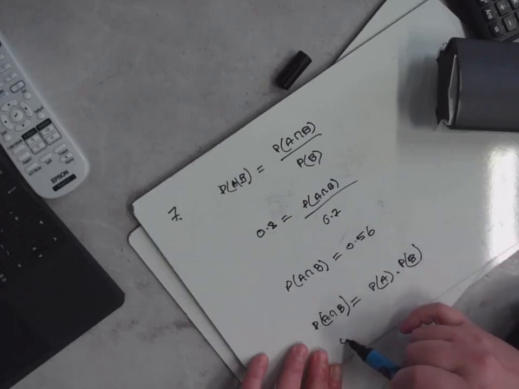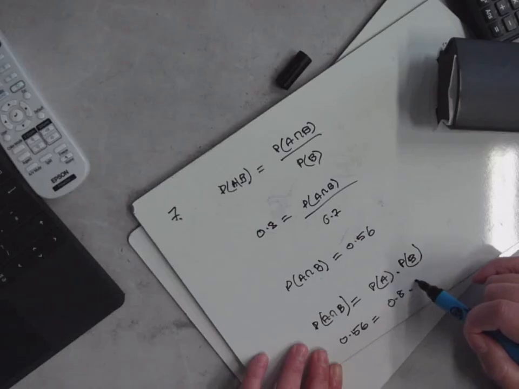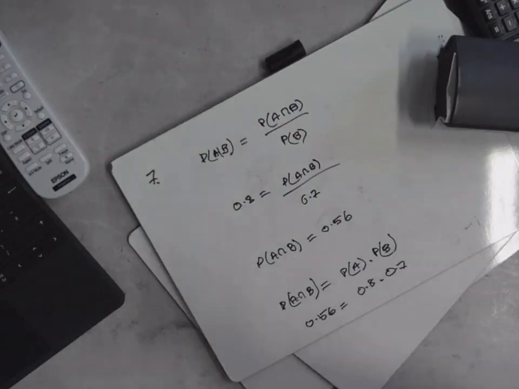And that does work out. That works out 0.8 multiplied by 0.7. Okay? And that's true, and therefore they're independent. I don't know why question 5 was way harder than question 7. Right, okay, that's really annoying.